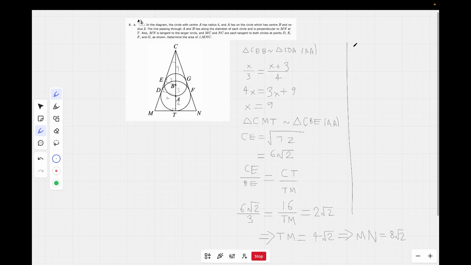So the area of triangle MNC is equal to MN times CT over 2. And we have MN is 8 root 2, CT is 6 root 2. So MN times CT is equal to 96.